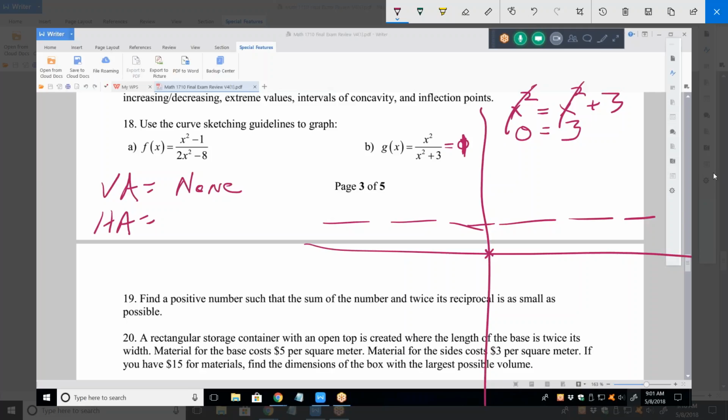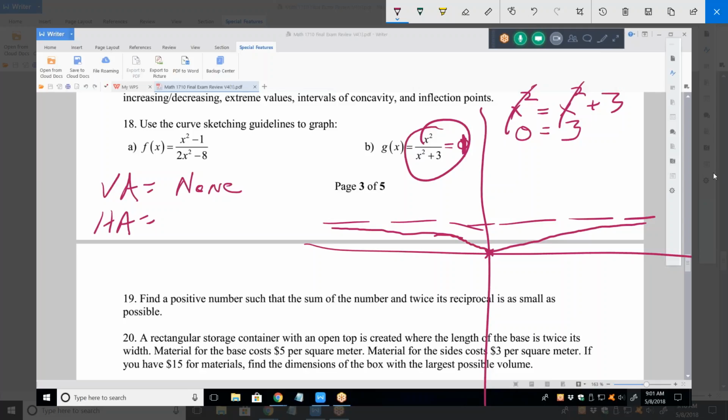Now, how are we going to draw this? Well, I know the function goes through this point. Is the function ever negative? Can that ever be a negative number? No. Okay, so the whole function has to be drawn between the horizontal asymptote and the x-axis. I'm guessing something like that.